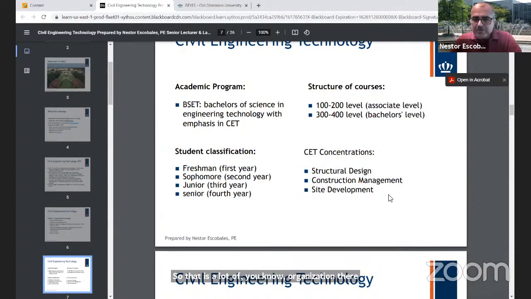And the site development concentration is the engineer that deals with the preparation of the land, the ground, before any construction takes place. What happens on the site before anything takes place? Who decides how to level the ground?